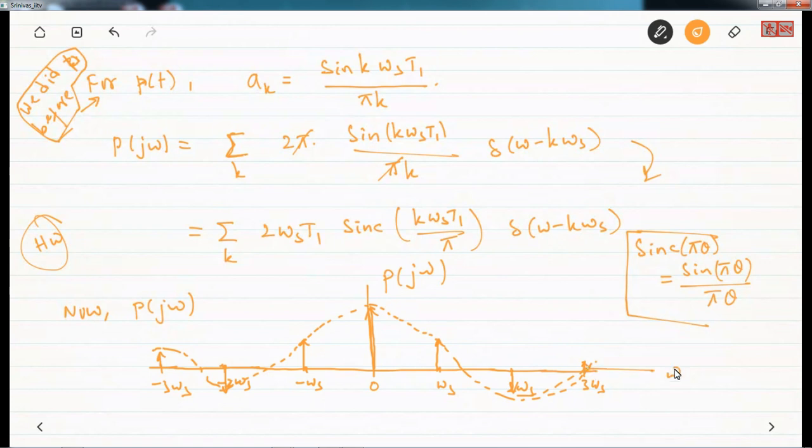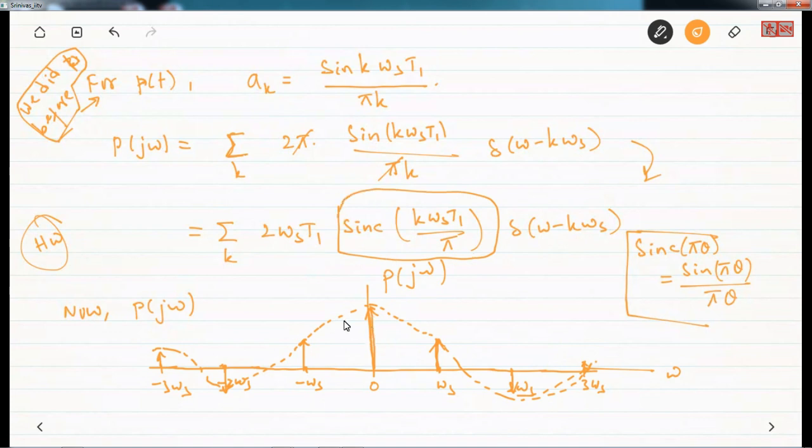Sorry, my diagram is not so neat, but you can understand the point here. P of j omega has a series of impulses, one at 0, another at omega s, 2 omega s, 3 omega s, and so on. But these impulses will have different amplitudes and different polarities, because they are being multiplied by the sinc function.